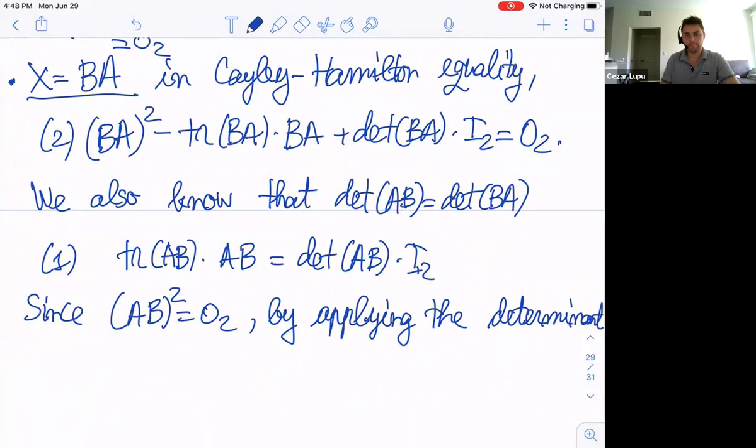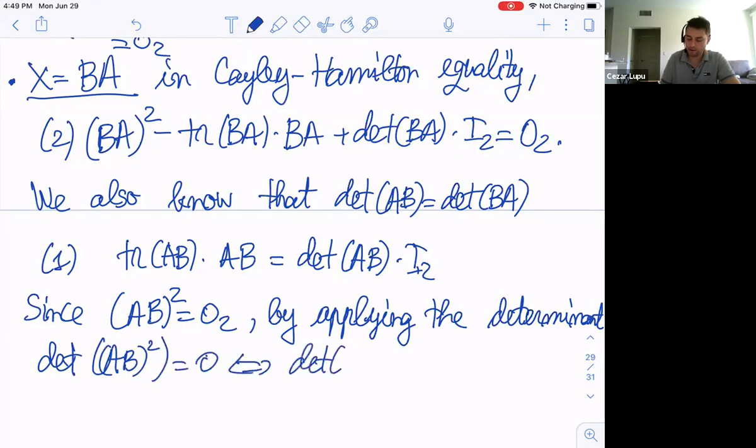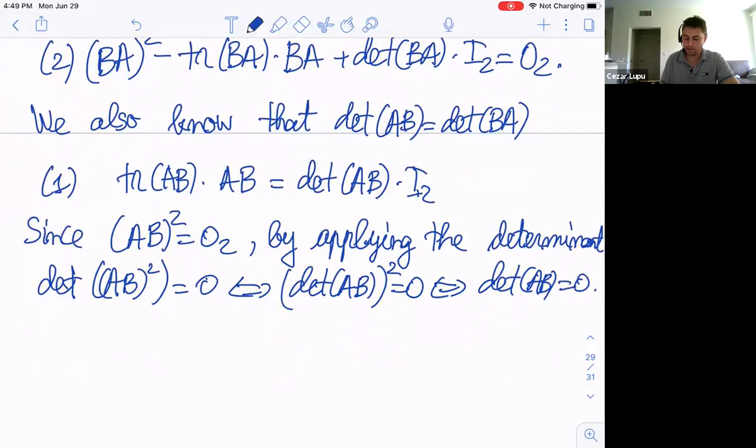We have that the determinant of AB squared is 0, which is equivalent to the determinant of AB, everything squared, being 0 by the properties of the determinant, and this gives us that the determinant of AB is 0. So this term will be 0 here.